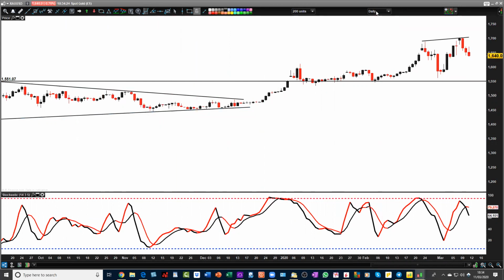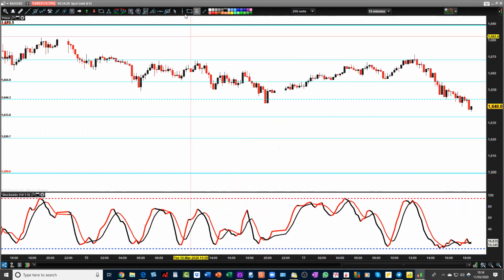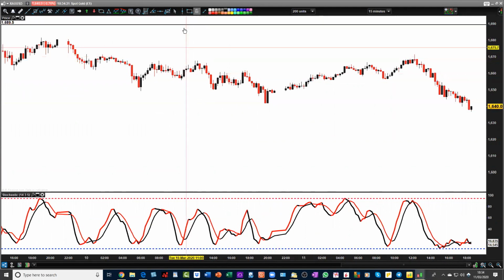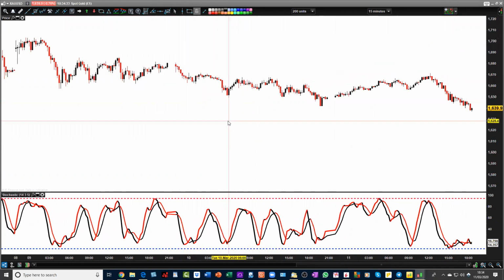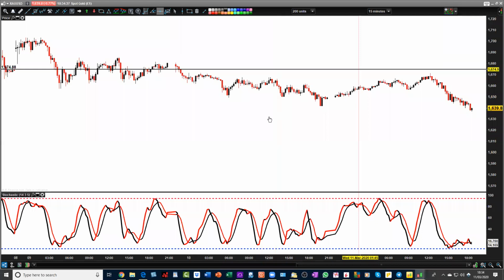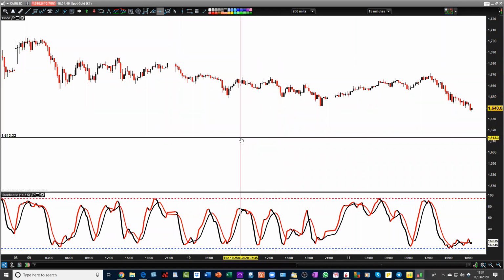Okay, didn't we day trade this? If I was day trading gold, I wouldn't trade it in anything under a 15-minute chart, personally. It's too thin a market.